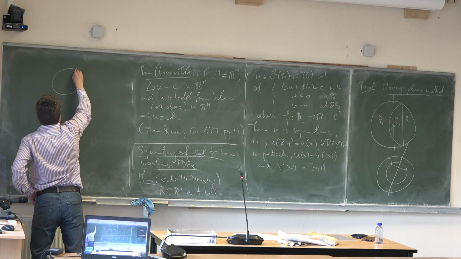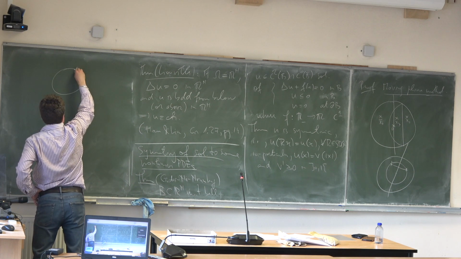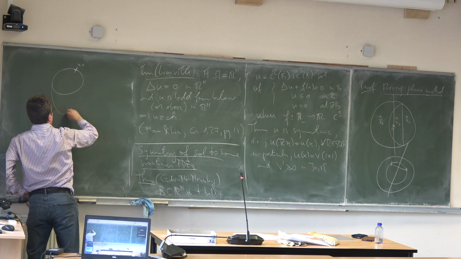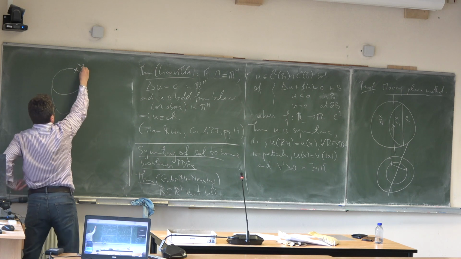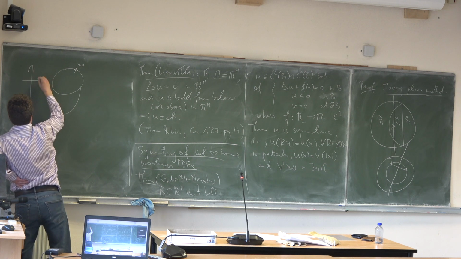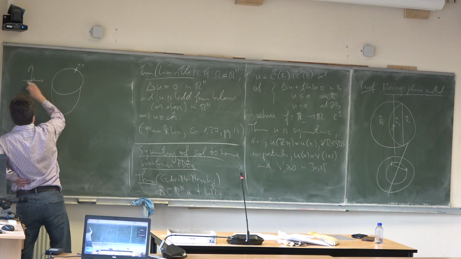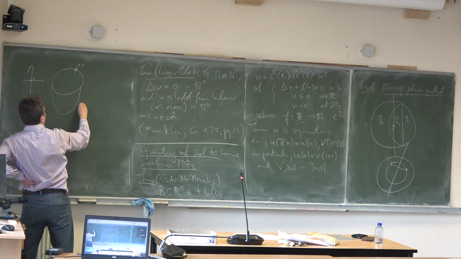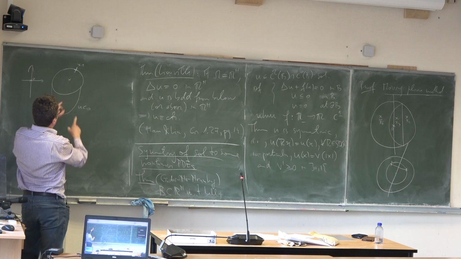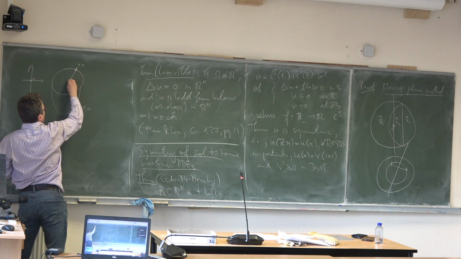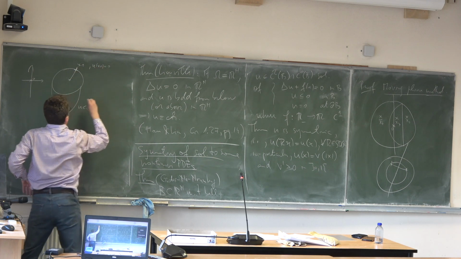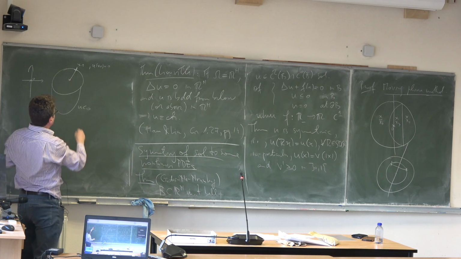Yes. So the thing is that if you have, imagine that this is like the level 0 of your function here, and your function u is less than 0 inside. So if you look in this direction, this is the maximum level.